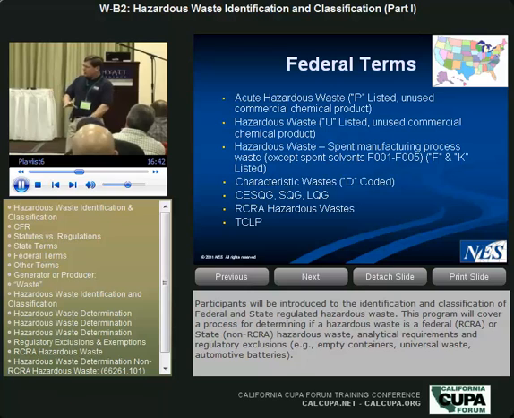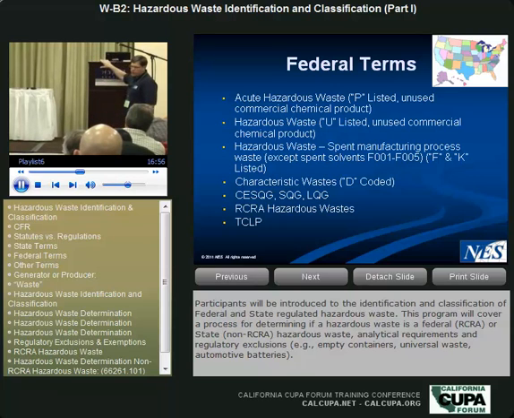And we call those 3 categories either a conditionally exempt small quantity generator, or squeegee, a large quantity generator, and then a small quantity generator. And those are federal terms that are defined federally under RCRA. RCRA hazardous waste means it's defined by RCRA. But not all federal waste is defined by RCRA.